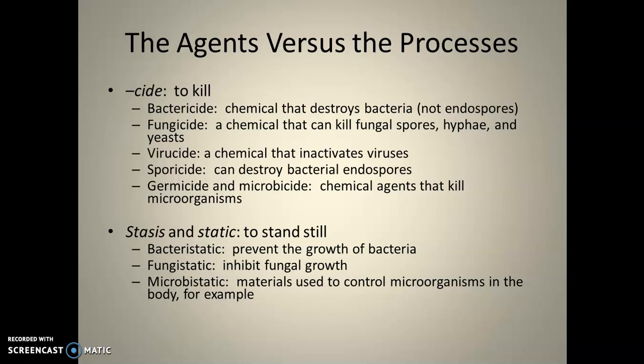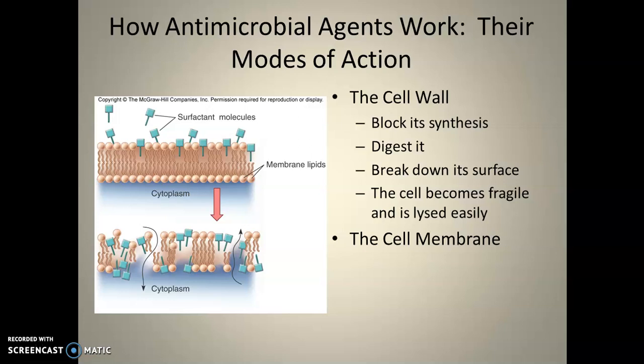Whereas if something is said to be static, that just means it's preventing its growth. Ideally, we're wanting to kill off these pathogens, but again, there are going to be limitations to how much we can remove from our environment, and I'll go into that later. So there are processes that lead to the death of the microbes, and then there are also ones that just inhibit or slow the growth of whatever the microbe is that we're dealing with.